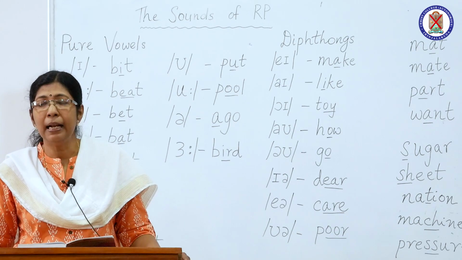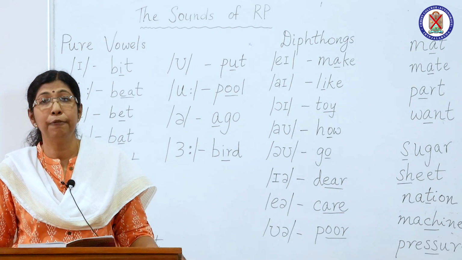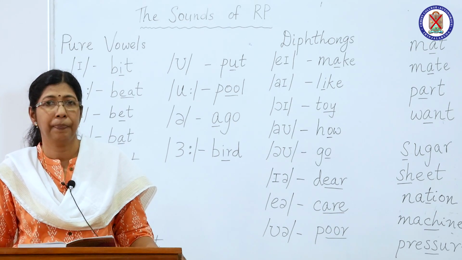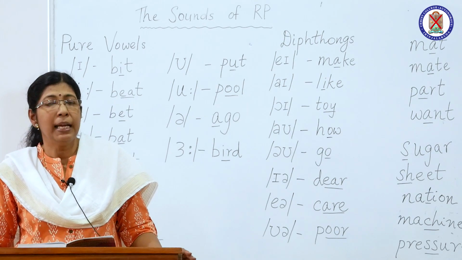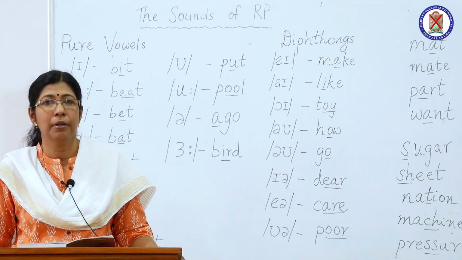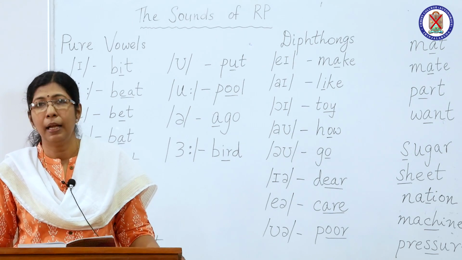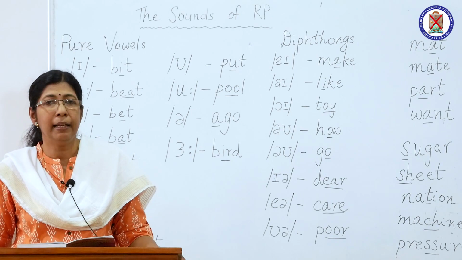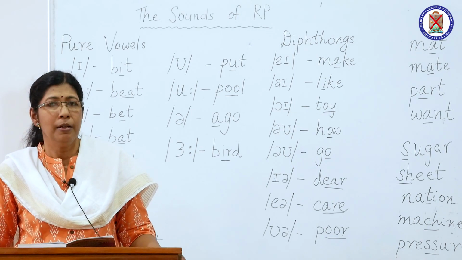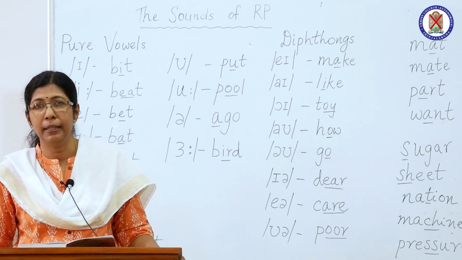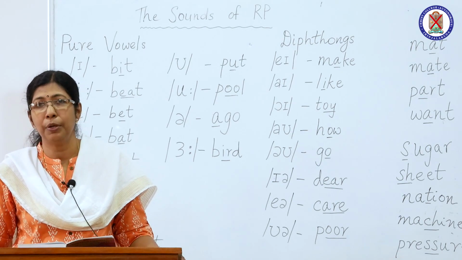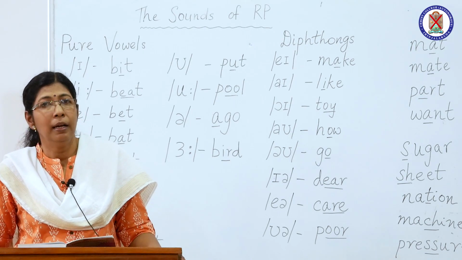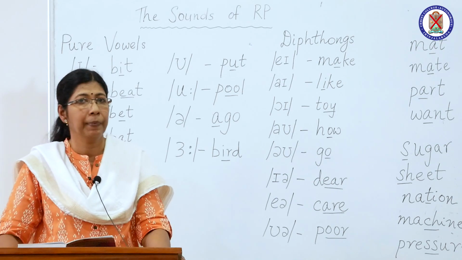And in this single variety, we have 44 speech sounds. These 44 speech sounds can be split into 24 consonants and 20 vowels. So before we proceed any further, let me introduce you to these sounds in RP.